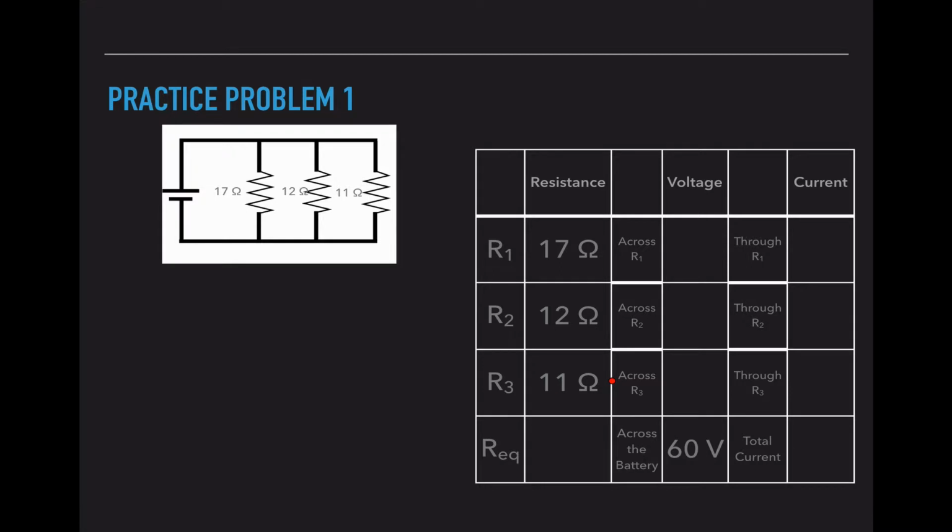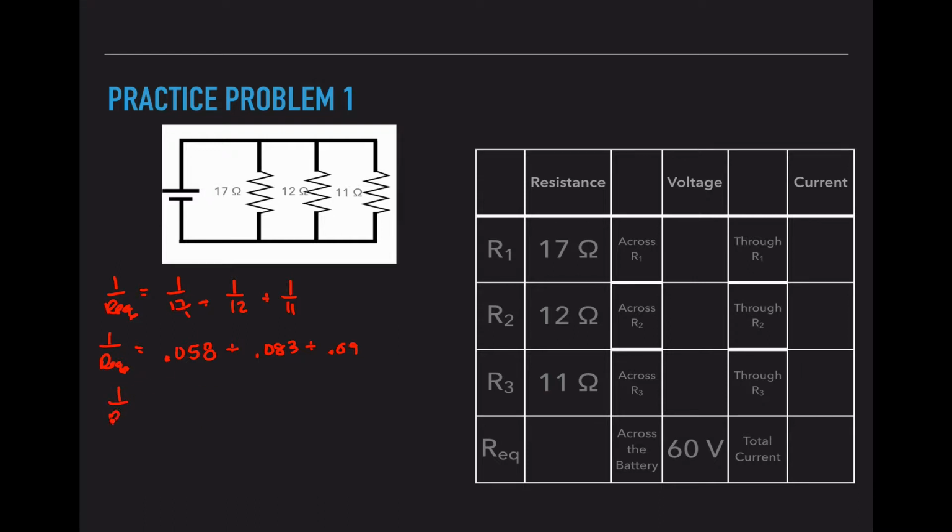Now we're going to do a couple of examples, just like we did with the series circuits. In this first practice problem, I want to do 1 over Req equals 1 over 17, my first resistor, plus 1 over 12, my second resistor, plus 1 over 11, my third resistor. So 1 over Req is equal to 0.058 plus 0.083 plus 0.09. Now you do want to take that out to a couple of decimal places because it will affect your rounding later.